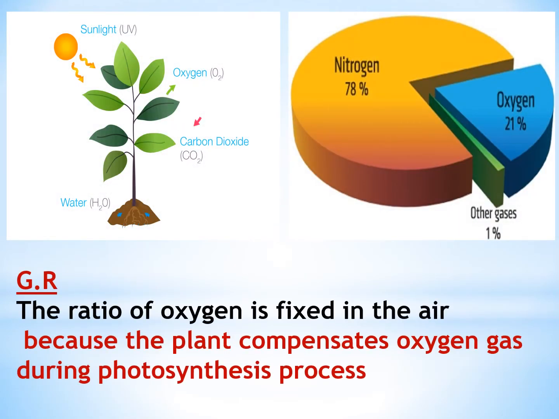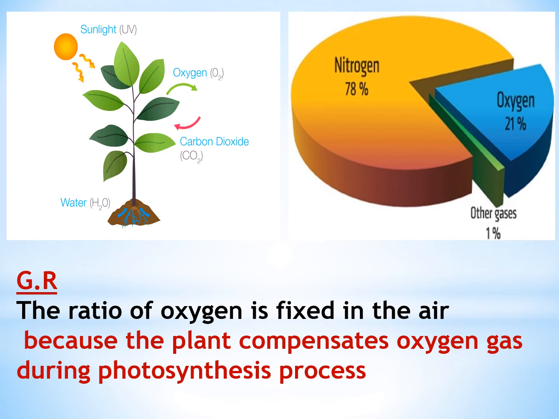Give reason for the ratio of oxygen is fixed in the air. Why? The amount of oxygen gas in the air, which is 21%, is fixed or constant.